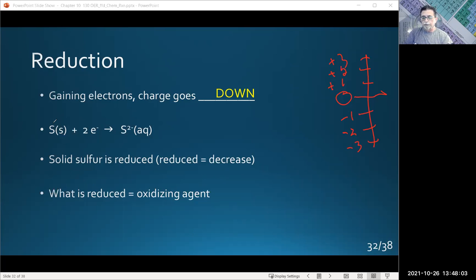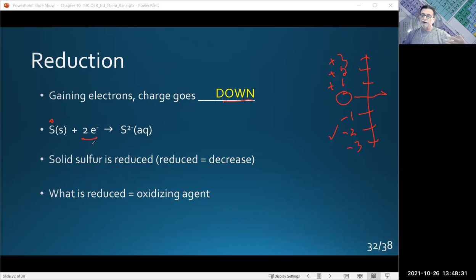Here we have sulfur with a 0, and now its number becomes a -2. So it went down here, -2 value from 0. So the oxidation number goes down by gaining 2 electrons. Notice in oxidation, electrons are a product of the reaction.